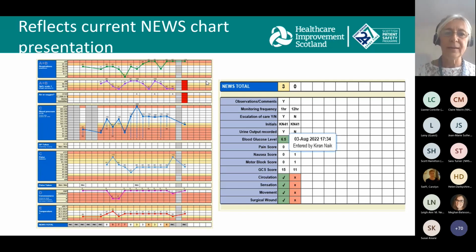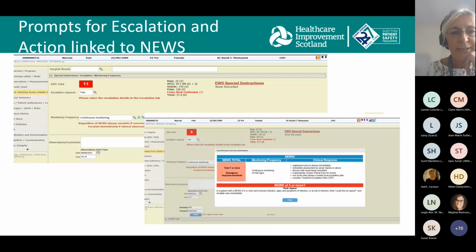So what appears in our electronic patient record completely reflects what is currently in the chart at the end of the bed, for familiarity for all staff. Next slide.